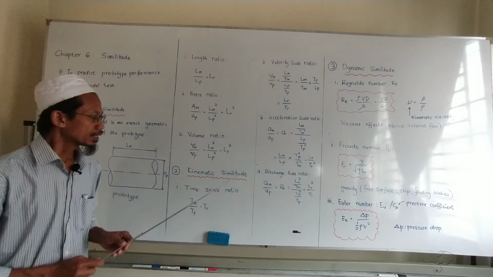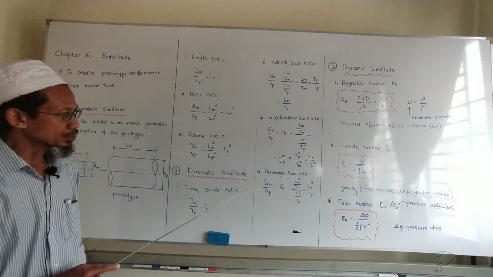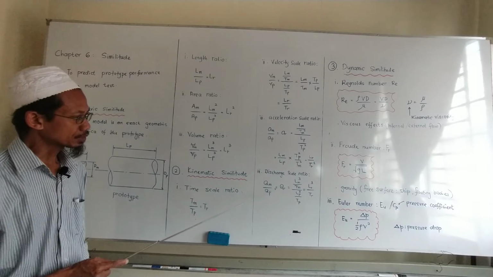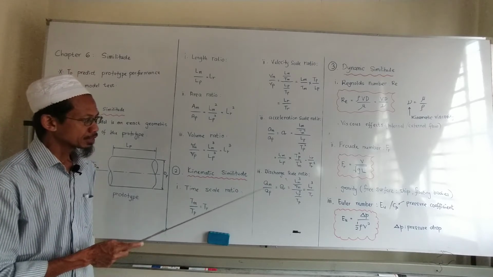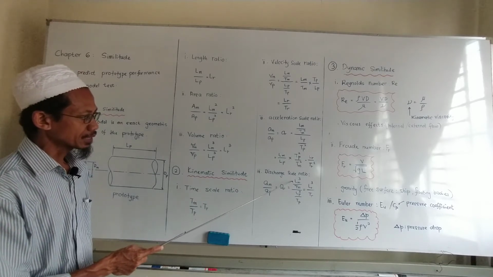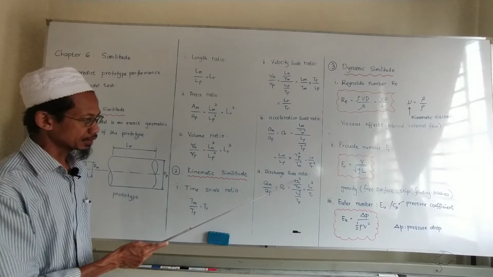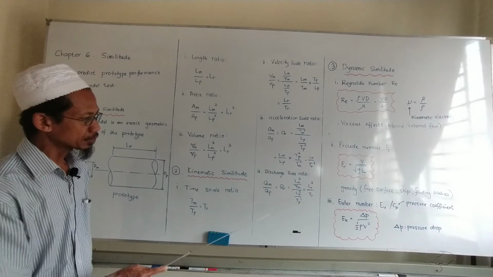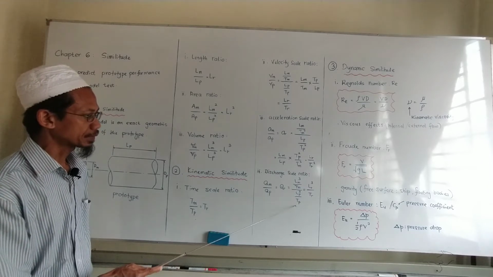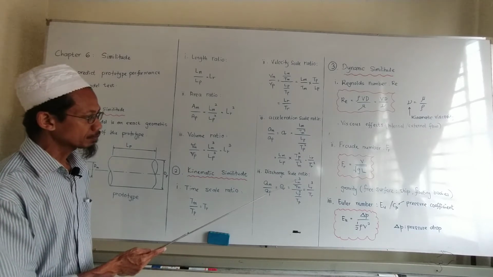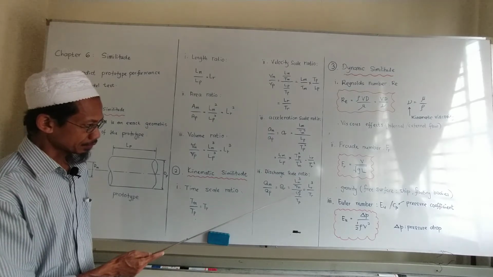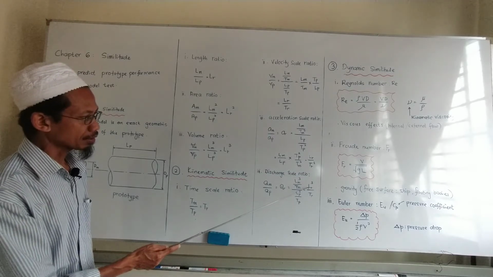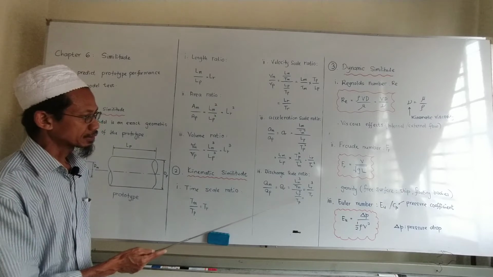Then, discharge scale ratio, Qm over Qp, equals Qr. Q is in cubic meter per second, so Lm power 3 over tm, over Lp power 3 over tp, which gives Lr power 3 over tr.